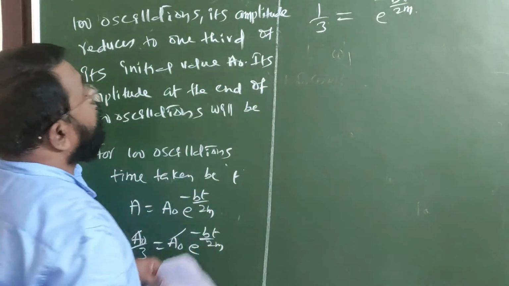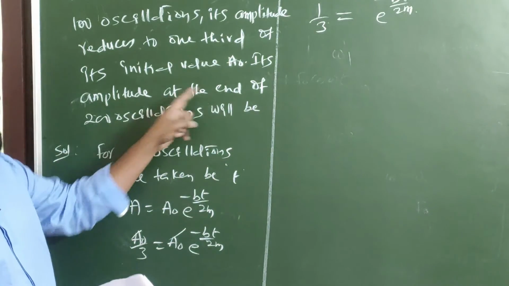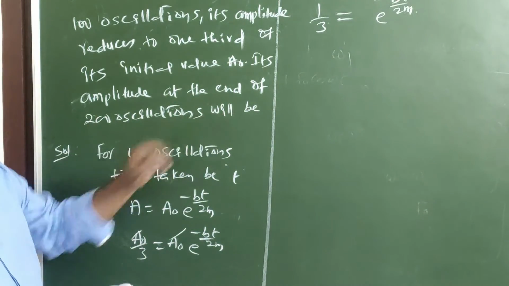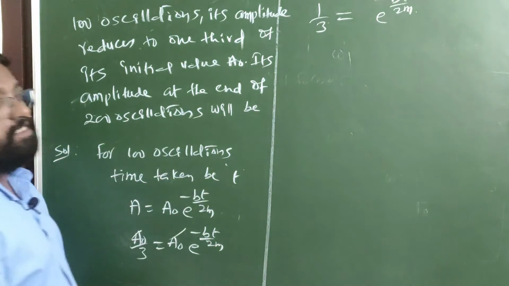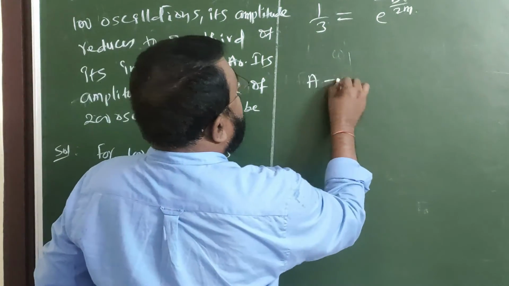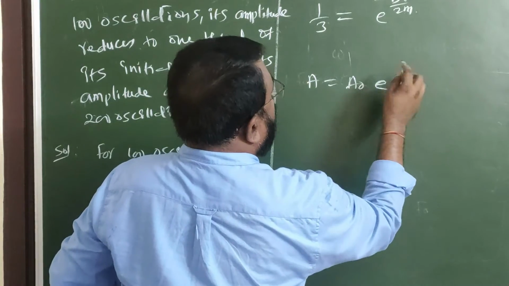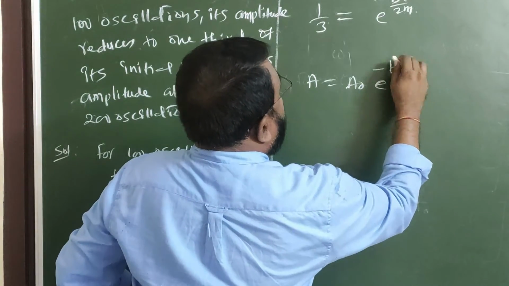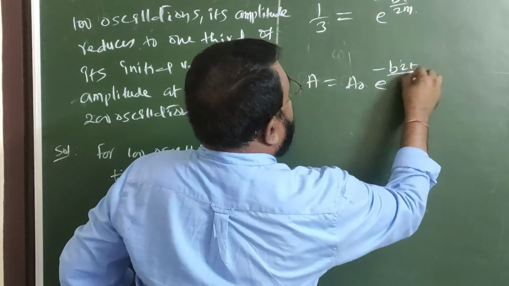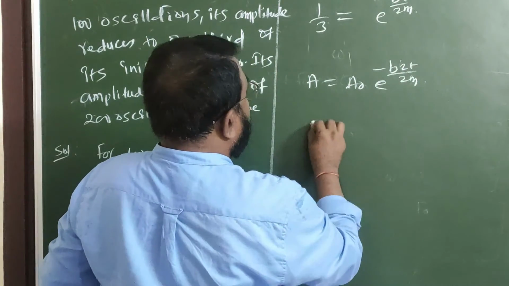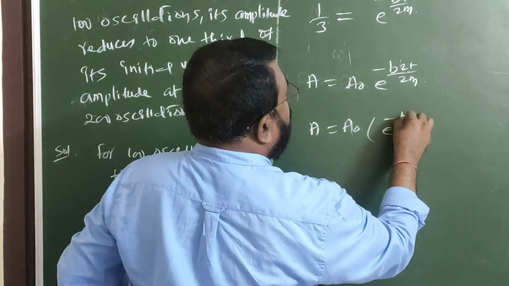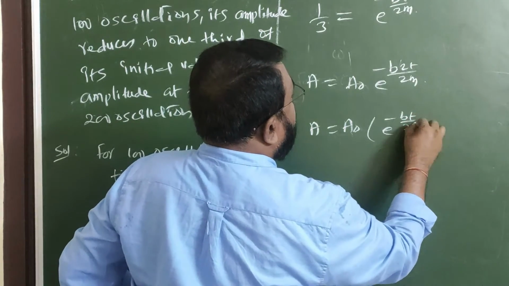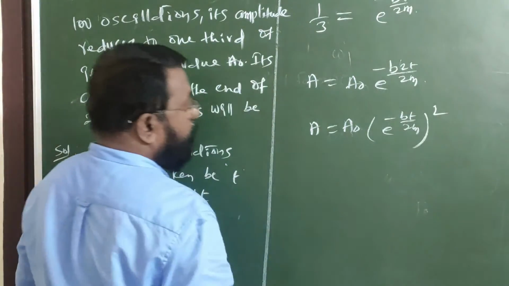Its amplitude at the end of 200 oscillations will be, for 100 oscillations time is t, so for 200 oscillations time is 2t. Therefore A is equal to A0 into e to the power of minus b into 2t by 2m. This becomes A0 into e to the power of minus bt by 2m, whole square.